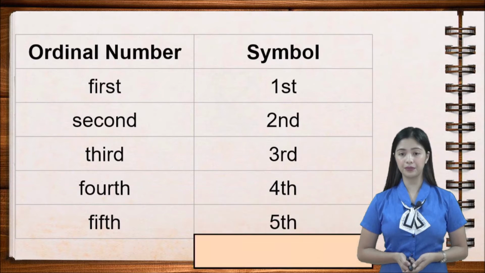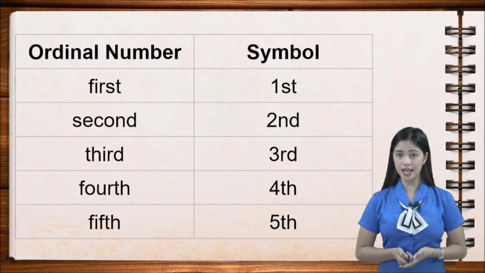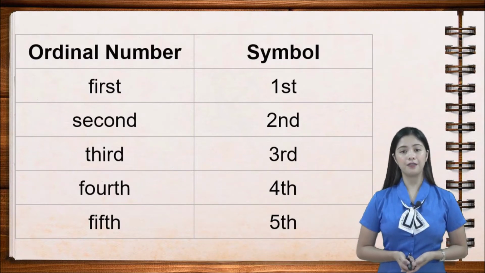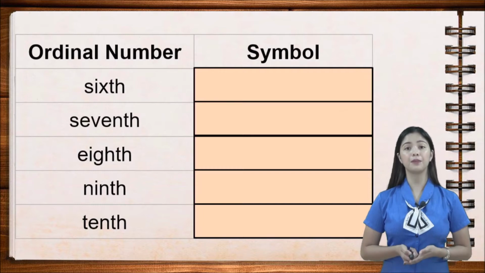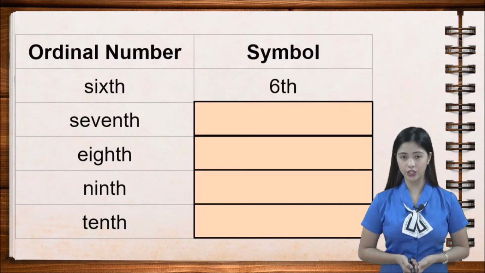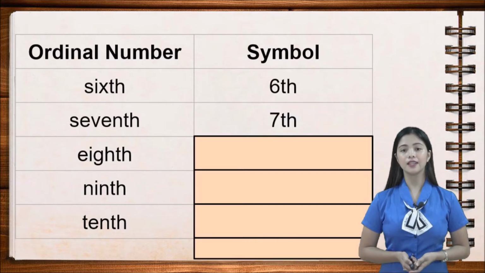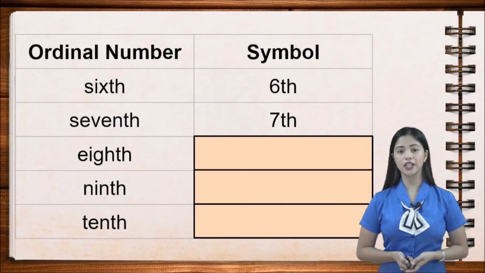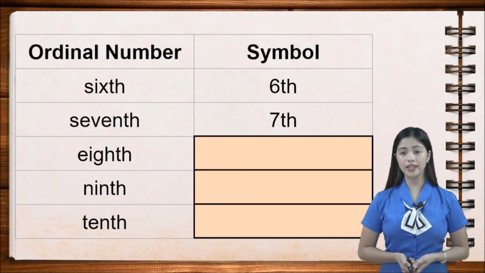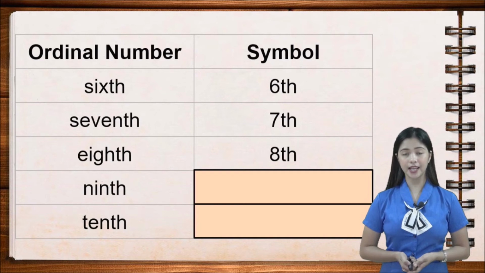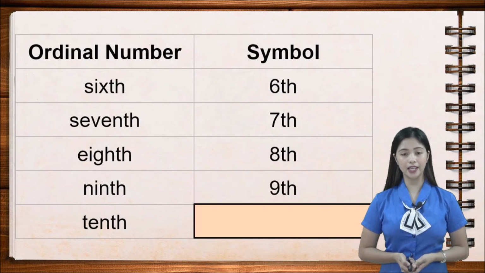Fifth, number 5 and TH. Sixth, number 6 and TH. Seventh, 7 and TH. Eighth, 8 and TH. Ninth, number 9 and TH.